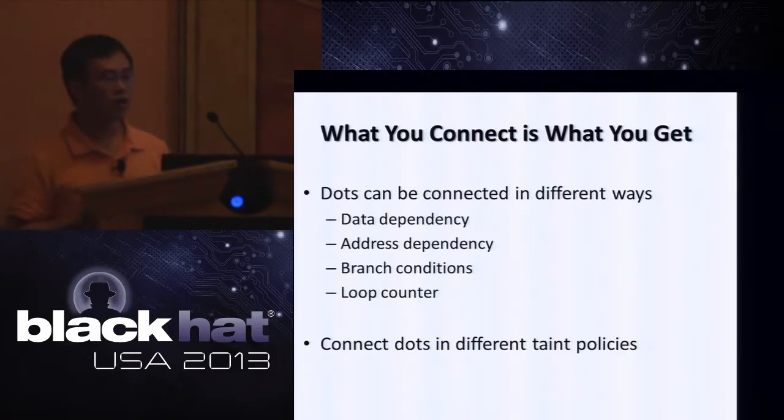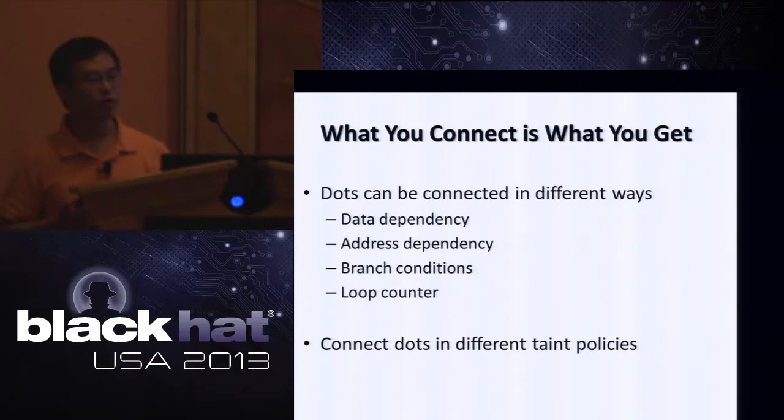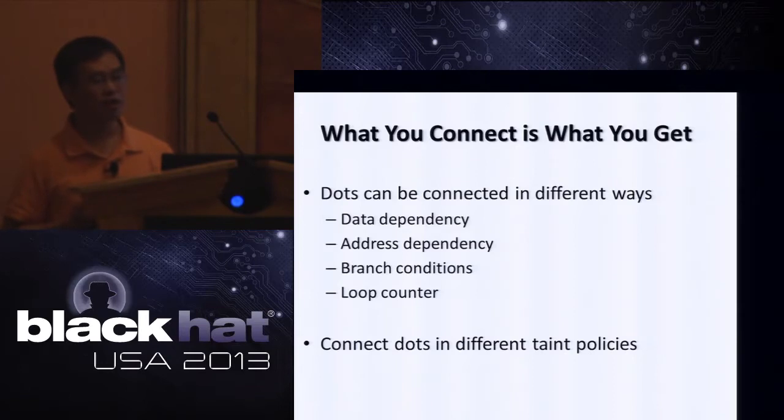The loop counter I think is of particular interest, because if you are able to affect the loop counter's value, you can in some way either cause an out of bound access or cause thread hanging with a huge number of loops. So connecting the dots following different policies gets you different things you want to look at further.